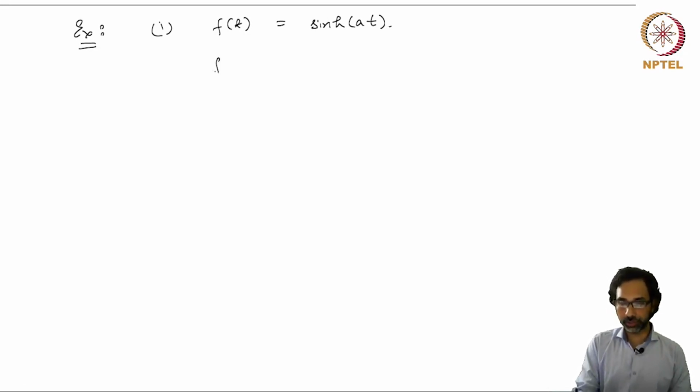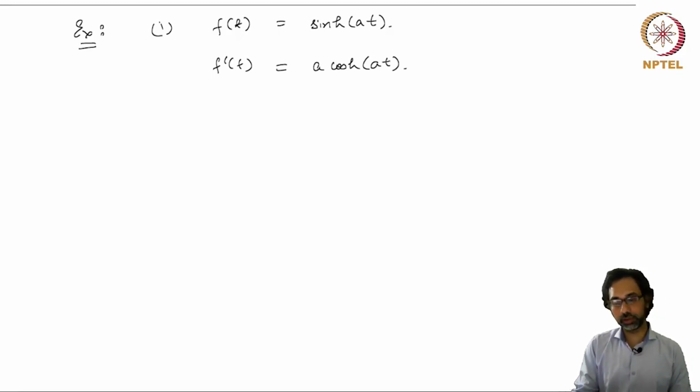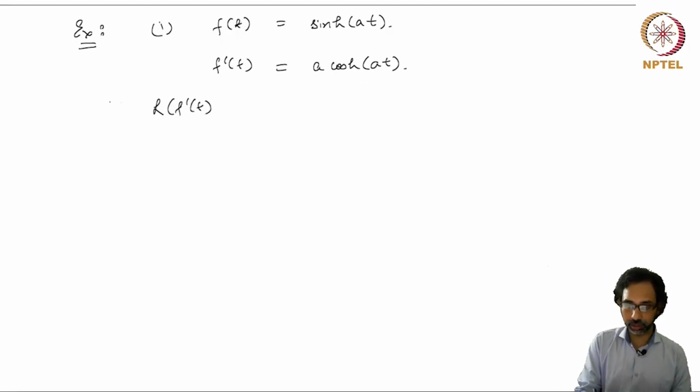Now we know that f prime(t) is nothing but a cosh(at), and now we can try to compare the Laplace transforms of each, which we know already, but let's see whether our new formula gives you the same result. So let the Laplace transform of f prime(t) be G(s), and let the Laplace transform of f(t) be F(s).